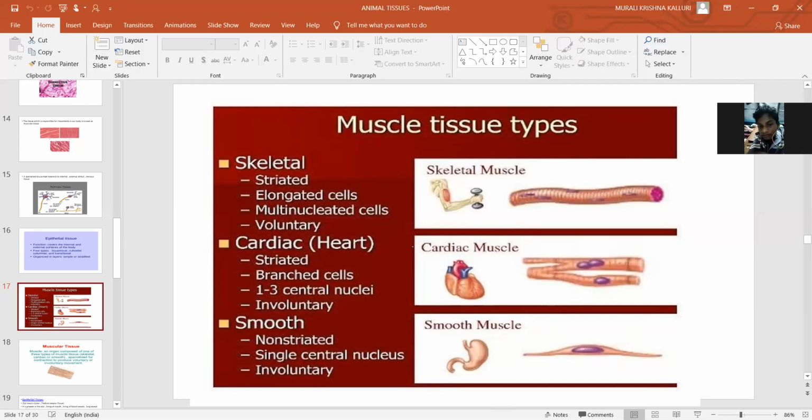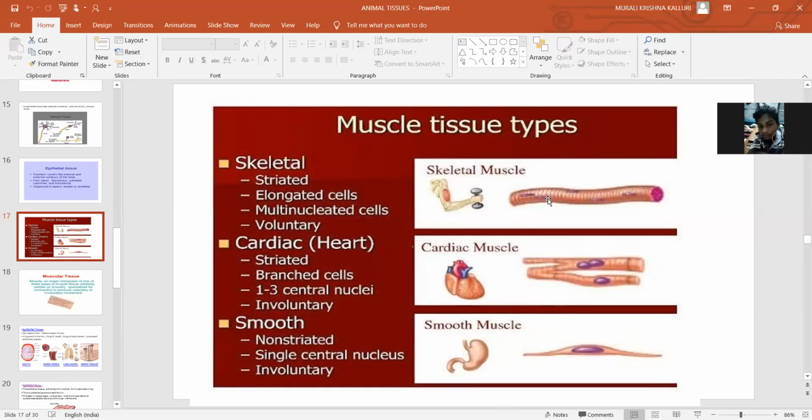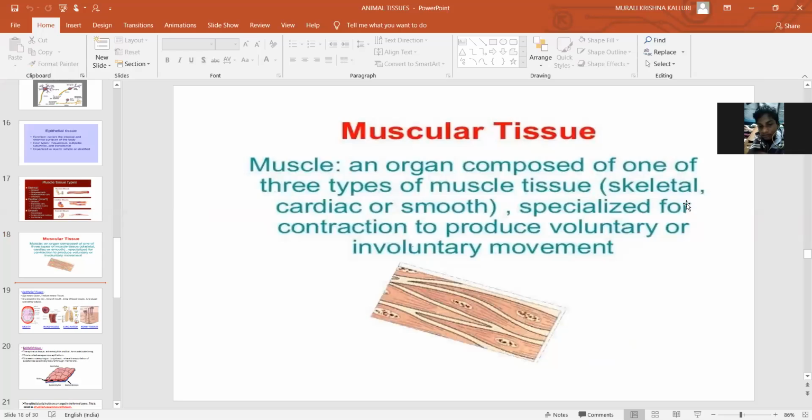Next, muscular tissue. It is an organ composed of 3 types of muscle tissues. They are skeletal, cardiac, and smooth.